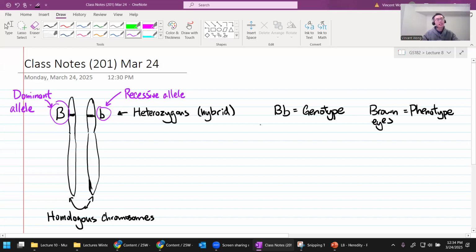So when a person has both the dominant and the recessive allele at the same time, only the dominant will show up. And so even though there's brown eyes and blue eyes allele here, the person will still have brown eyes. And the blue eye allele is kind of suppressed. It's kind of overridden and it's not going to show up basically.